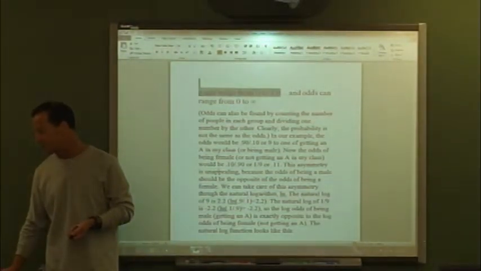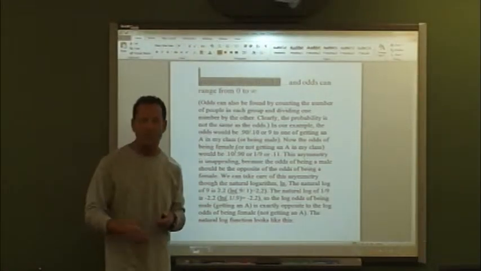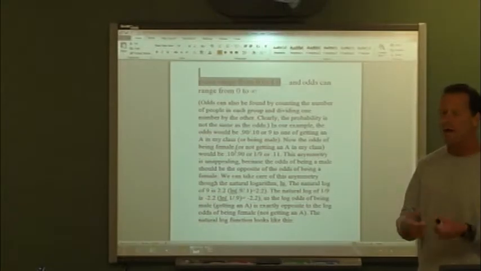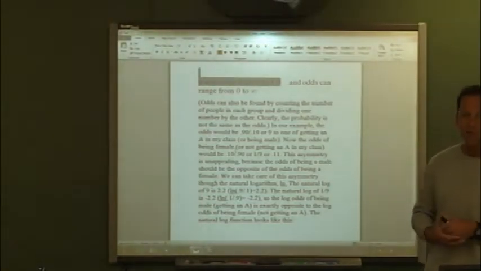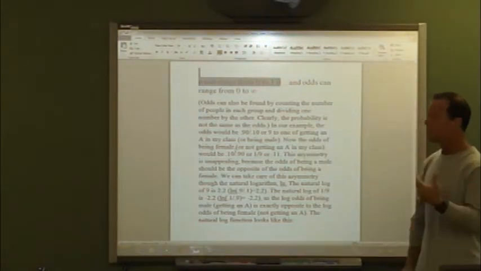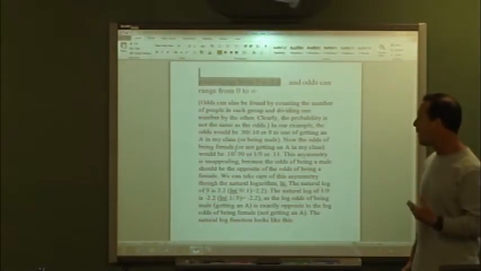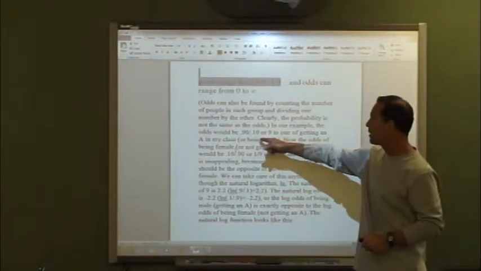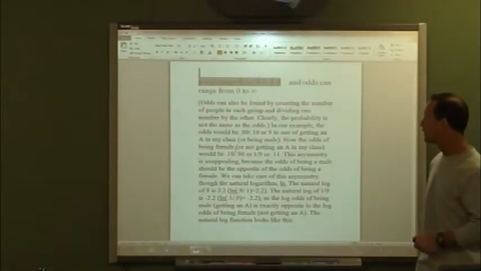Now, this is a little thing that I want to go into about why we use logarithms in so much of this math. Why don't we just keep it as a count and make our life easier? Odds can be found by counting the number of people in each group and dividing one number by the other. However, in our odds, for instance, what if we have the odds of 0.9 over 0.1?